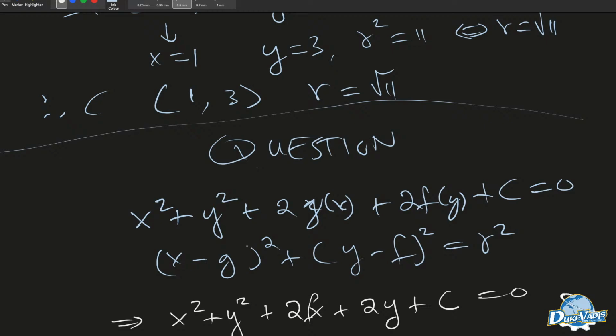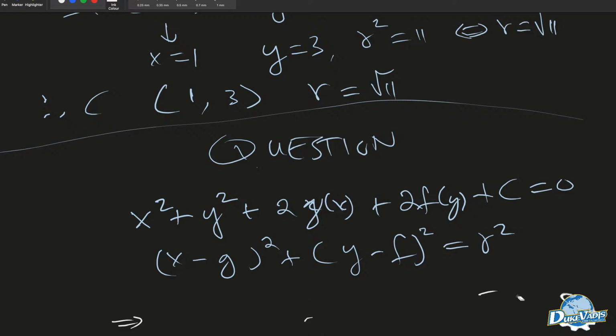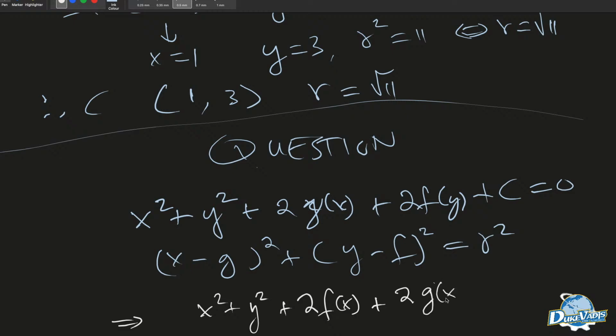Let me write it well. So x squared, y squared, 2g of x and 2f of y plus the constant c is equal to 0. Are these two equations the same?